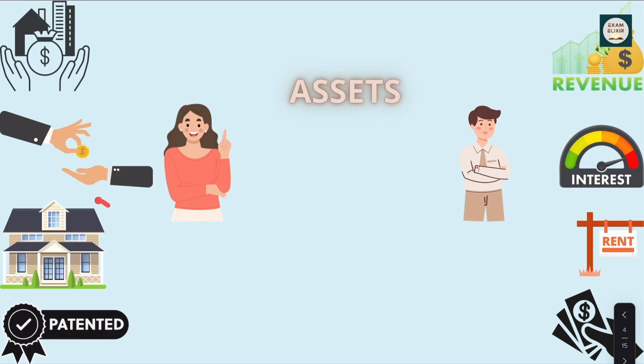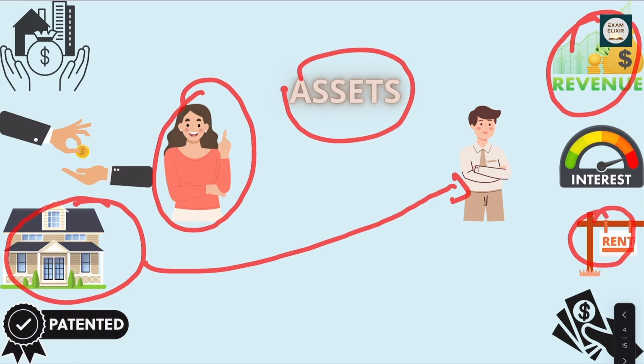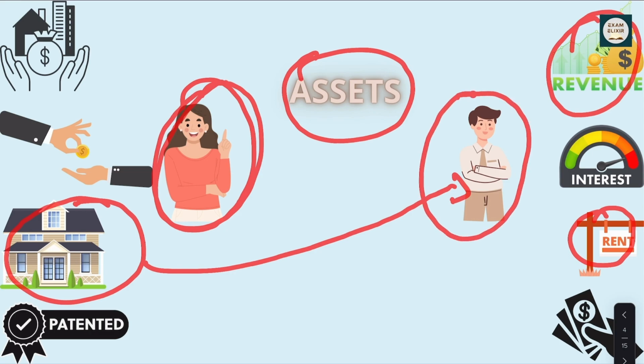Similarly, this lady had given this house on rent to this gentleman, and it was earning revenue in the form of rent. Hence this was an asset to this lady. Now if we look at this house from the perspective of this gentleman, then this is a liability. Why?